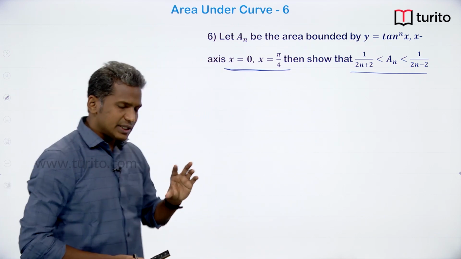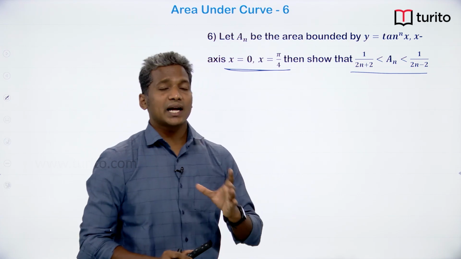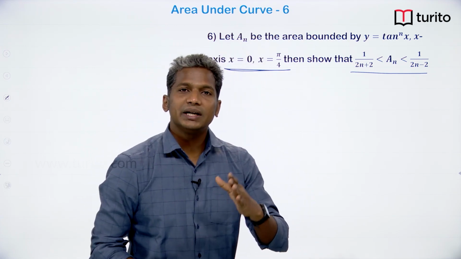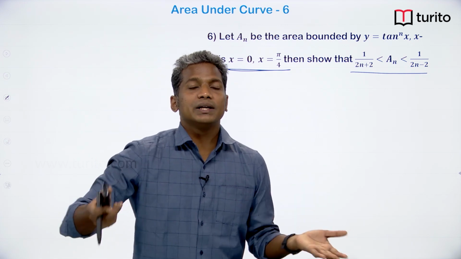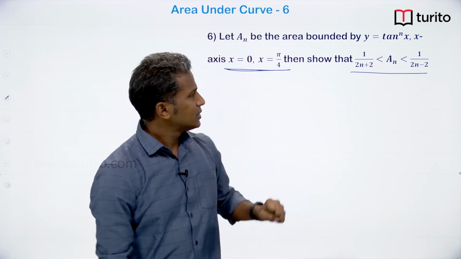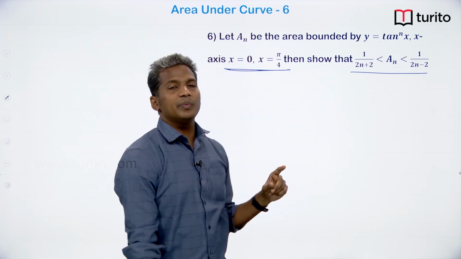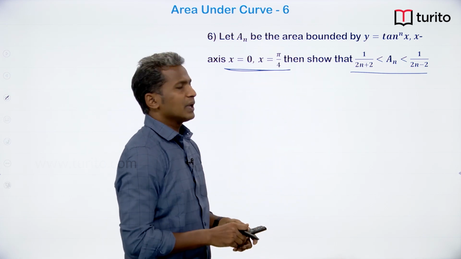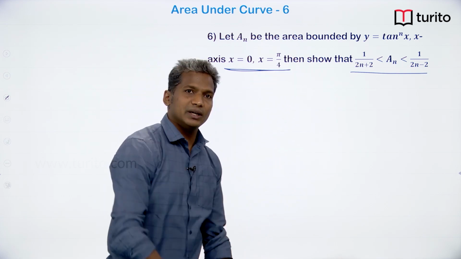So here the question is not about finding the exact integral. The question is about sandwiching the integral between two other integrals which may be proper integrals. So here a n may not be a proper integral, because if you check, a n is going to be the integral of tan raised to n x.